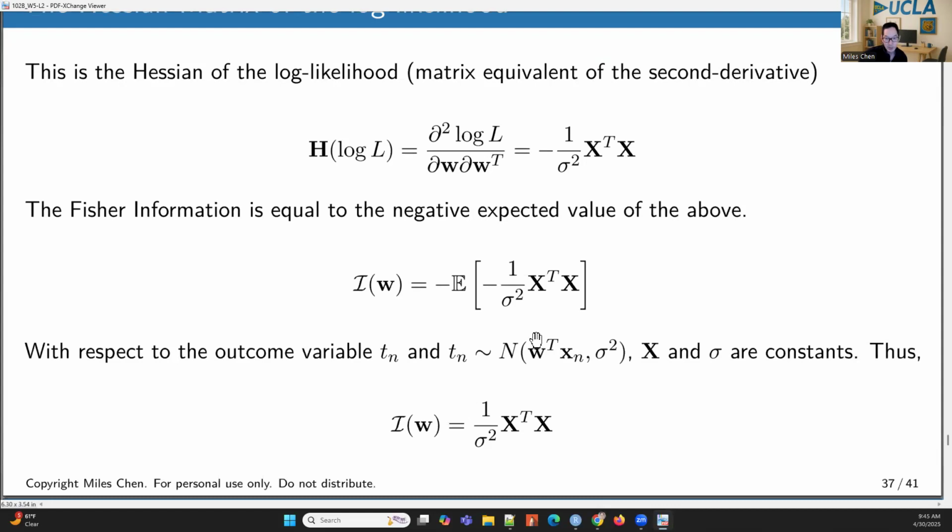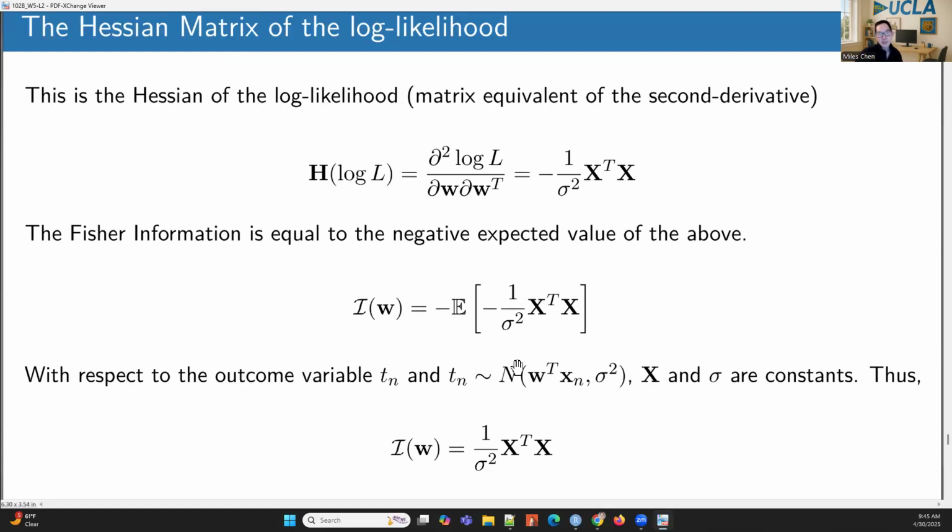And so we're asking, what is the expected value? We would have to do some calculations if there was a t, but there's no t in here, because our outcome variable is our observed values, t sub n. t sub n is normally distributed around here, and so with respect to t, x is a constant.